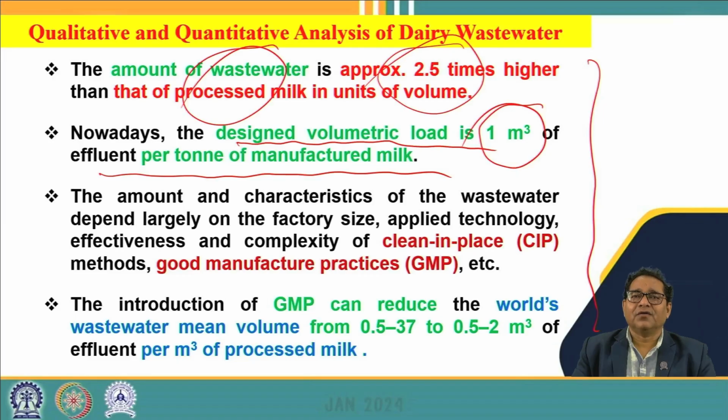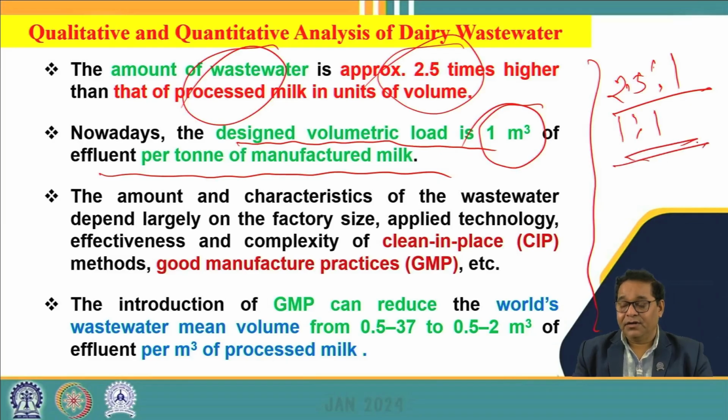So now, using good management practices and cleaning in place, the amount of wastewater can be reduced to a ratio of 1:1 from 2.5:1, which was there earlier. This 1:1 can only be achieved when we have good management practices and cleaning in place operations, which are the major factors involved in the quantity and characteristics of wastewater generation.